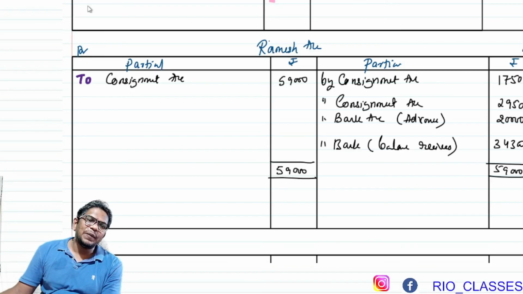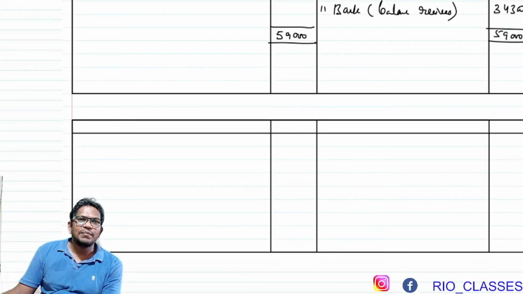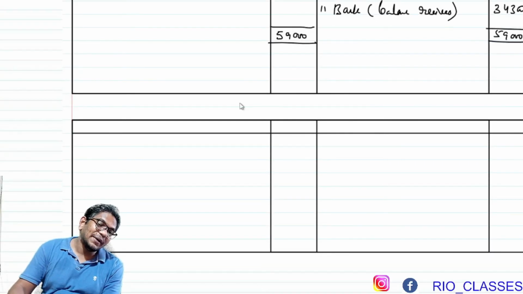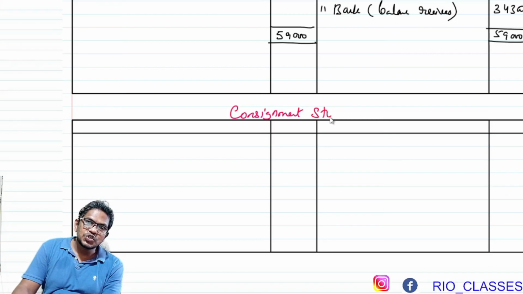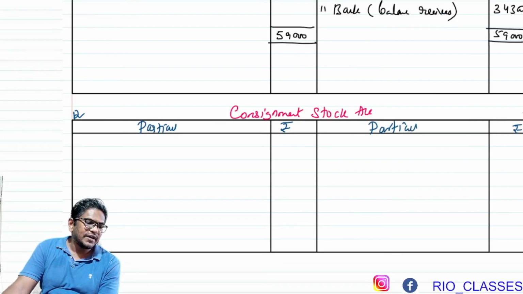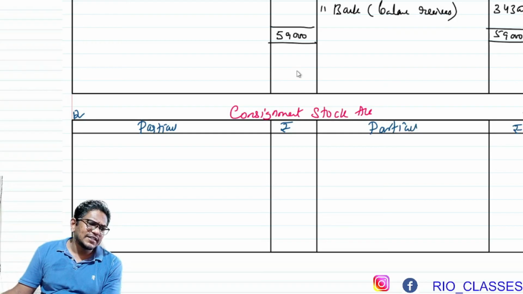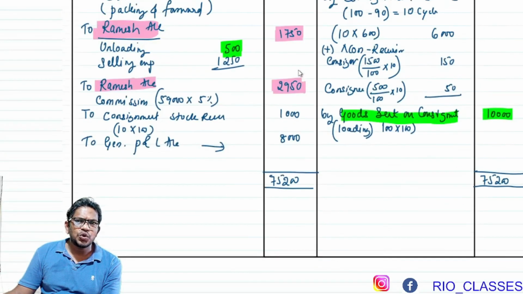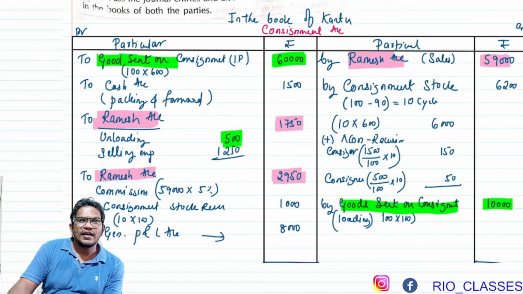All right, next we'll prepare one more account, that is the consignment stock account. Consignment account is done. Remember, consignment stock account. So this is your debit and credit. Write it all first. This is a very easy approach to solve this problem, my dear student. What is the closing stock? Tell me how much the closing stock is. Just go to the consignment account. Have a look here.